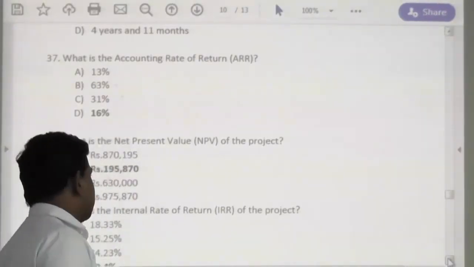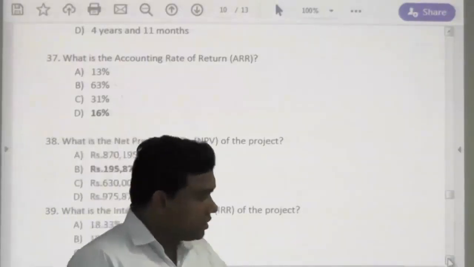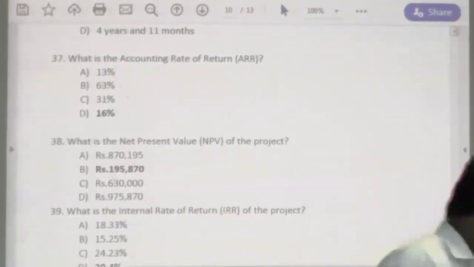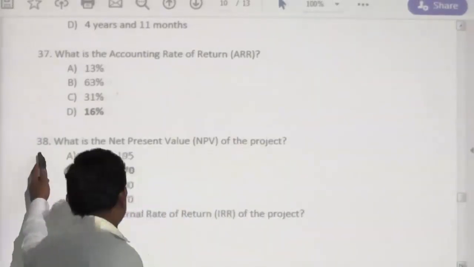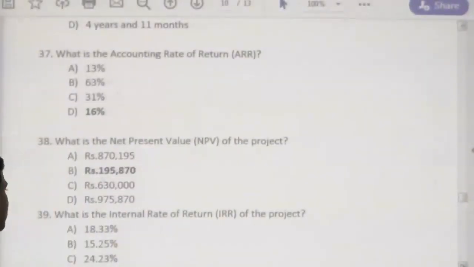I think you are getting an understanding of how to calculate the accounting rate of return. Now the next question, question 38 asks what is the net present value, and 39 asks what is the IRR.